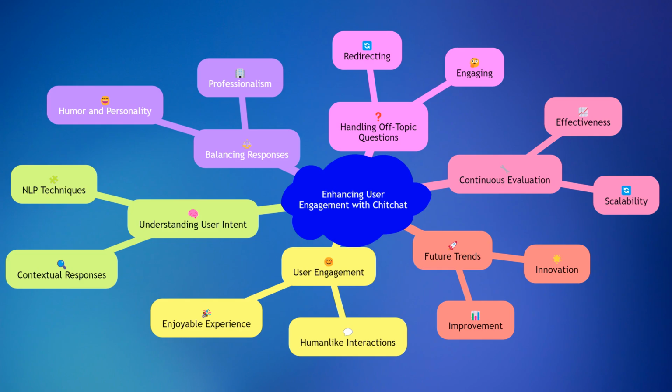Balancing informality with professionalism, incorporating humor and personality, and handling off-topic questions are key elements of effective chit-chat. Continuous evaluation and integration with existing systems ensure the effectiveness and scalability of the chit-chat capabilities. By staying updated with future trends, we can continue to innovate and improve the user experience in conversational systems.